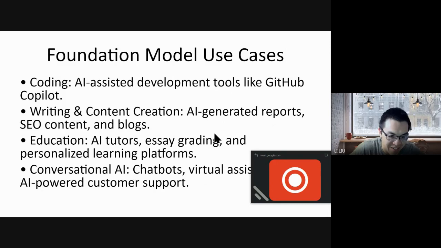And the second example would be writing and content generation, especially in the marketing division. So the book covers some examples about updating the marketing and ads given by different seasons or making them more personalized.